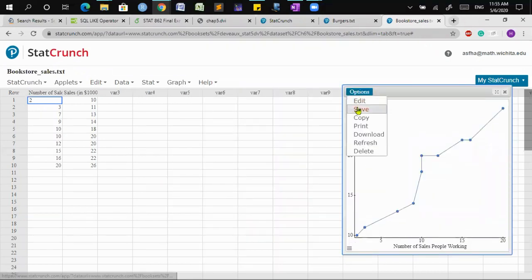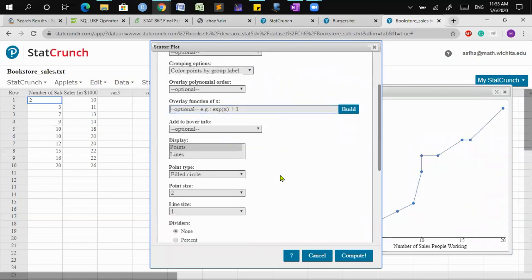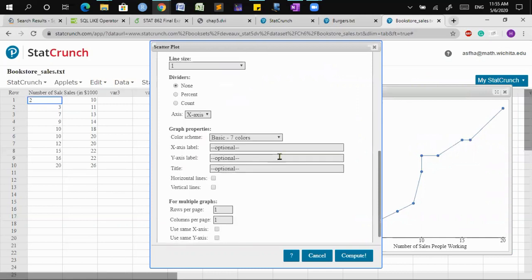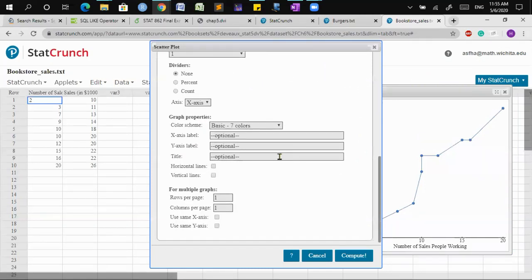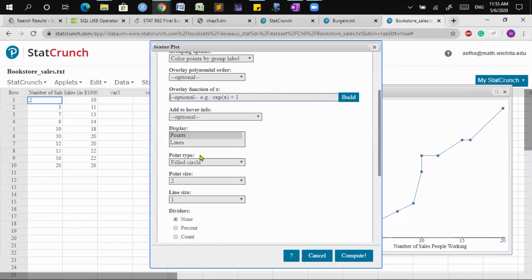Oops, that's not the line. Okay, I don't know if I have the option to fit the line.